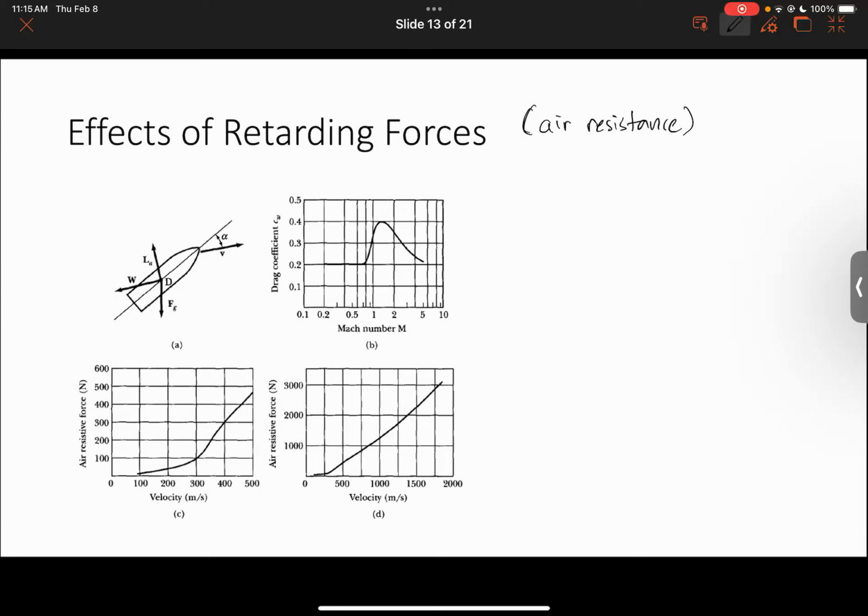Basically, ang retarding force always acts opposite to the direction of motion of the particle. And this retarding force, tawagin natin itong F sub R, or small r pag ginamit sa book.